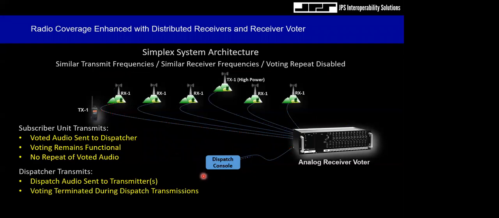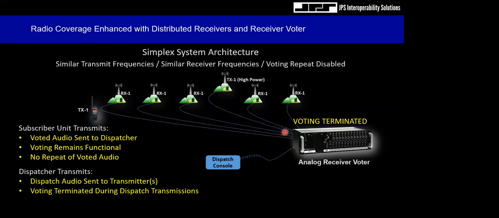Conversely, when the dispatch operator wants to transmit out to the system or reply to the operators in the field, the voting is terminated, right? So we can send that information to the transmitter or transmitters, but we negate the functionality of the receivers. We can still receive.